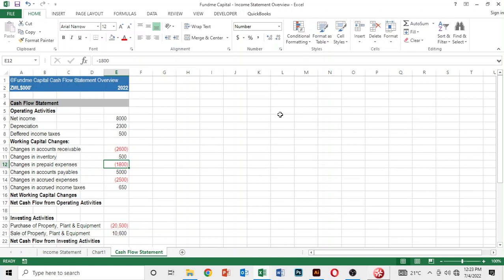Then we've got changes in prepaid expenses, and an increase in prepaid expenses means that we've already paid for some services that we haven't used yet from other businesses or suppliers. Right, so that shows the cash outflow there.